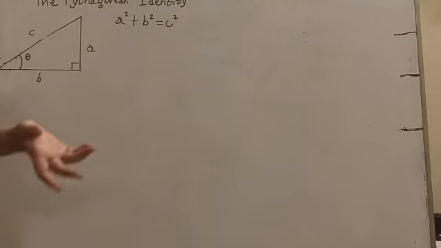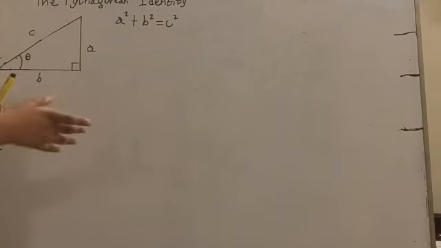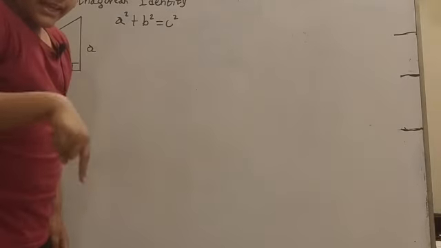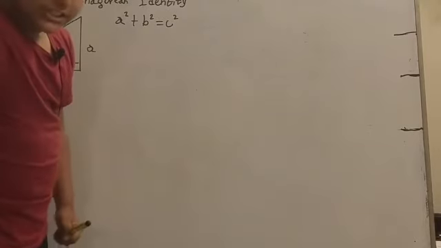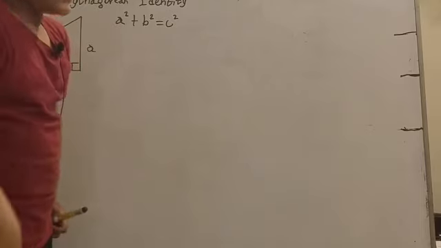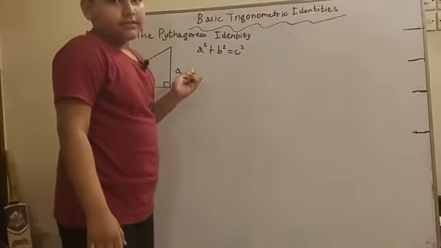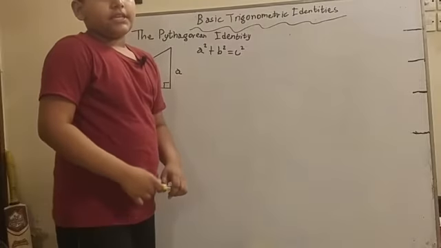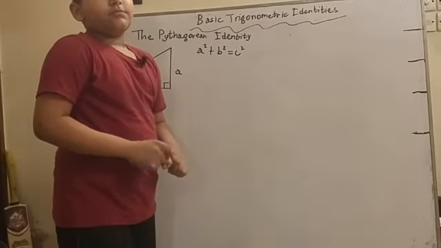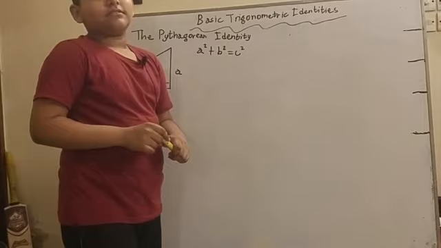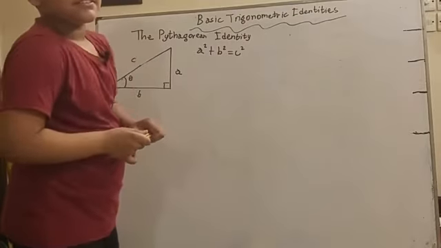And if you don't know what the Pythagorean Theorem is or how it works, there is a link in the description, watch it right now. Otherwise, this video would make no sense. At least this part. Pause the video, then come back again. Continue.